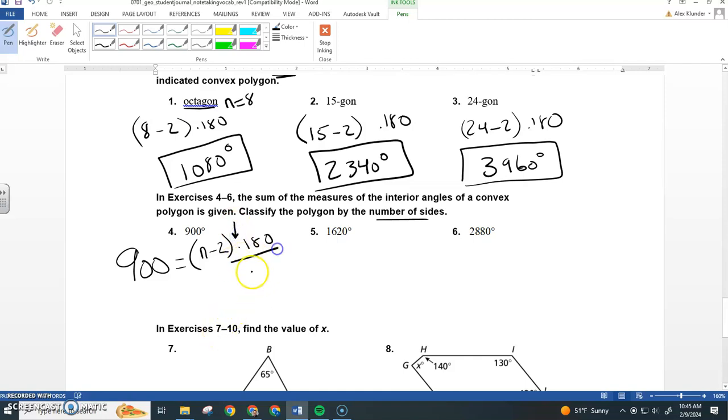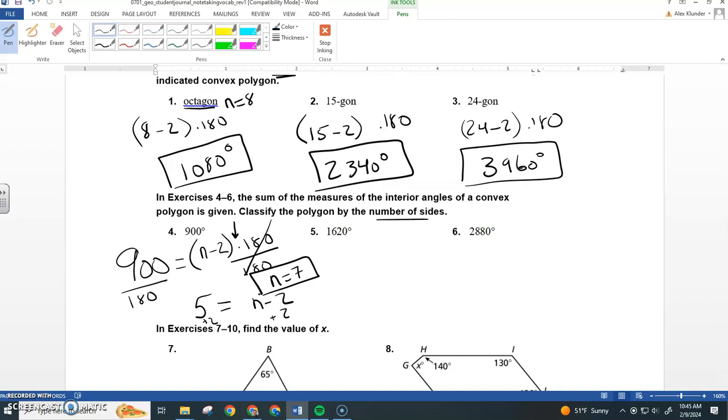Let's get rid of multiplication by using division. The opposite of multiplication is division, so if I take 900 and divide it by 180, I get 5. And now I can just use algebra, add 2 back to the other side. So I know that a 7-sided figure is 900 degrees total on the inside.